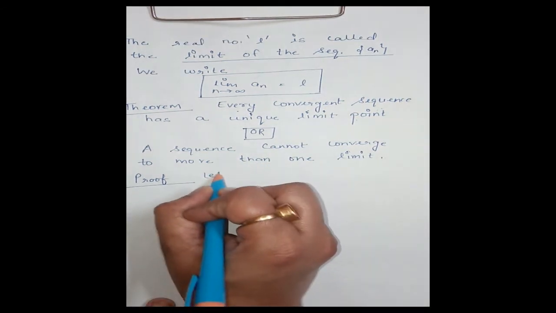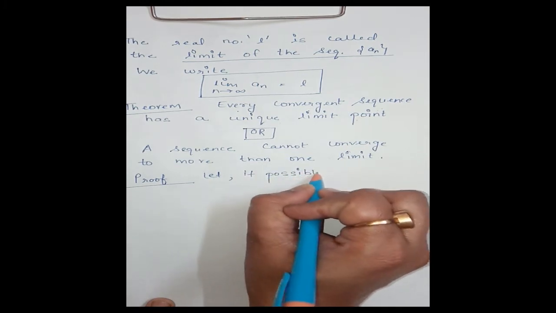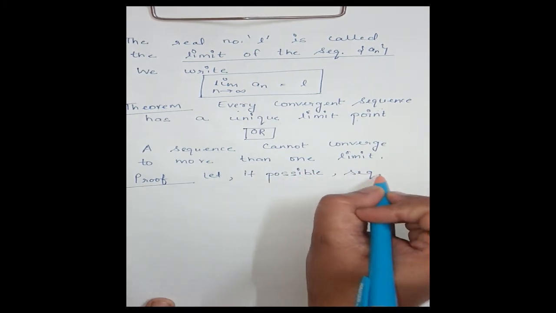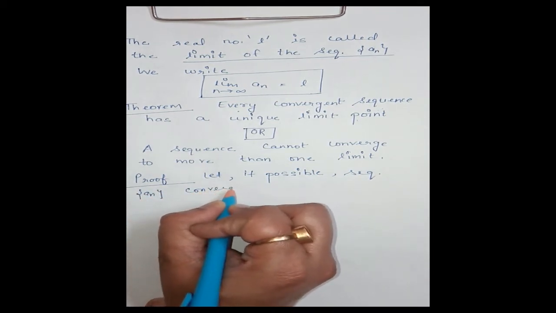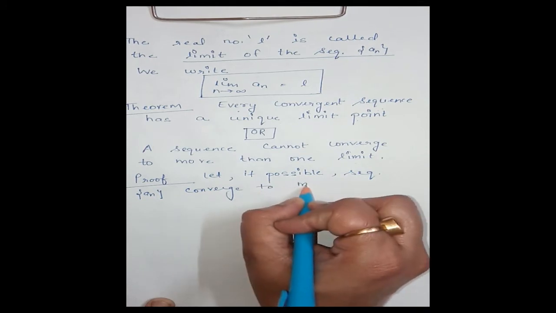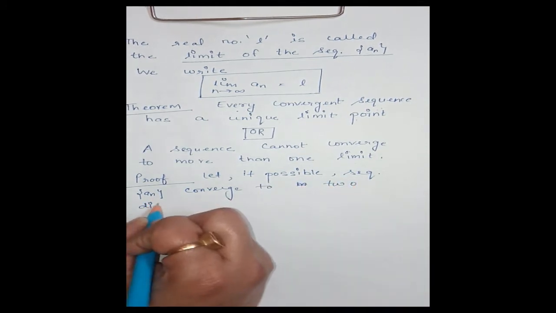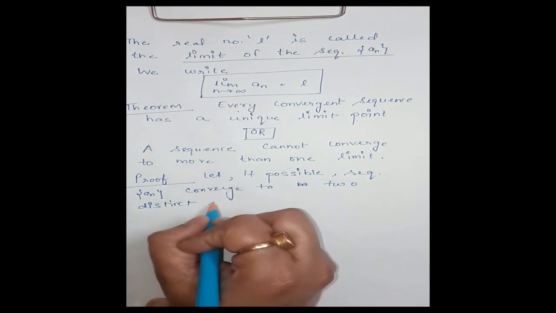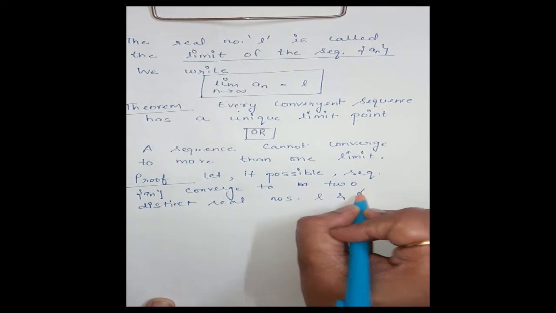Let, if possible, the sequence a_n converge to two distinct real numbers L and L dash.